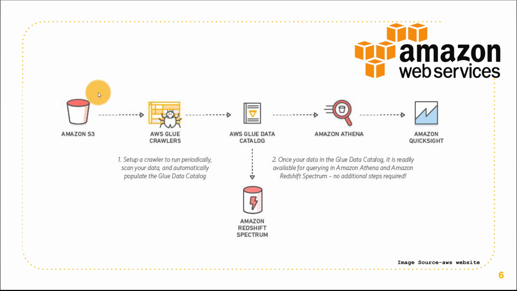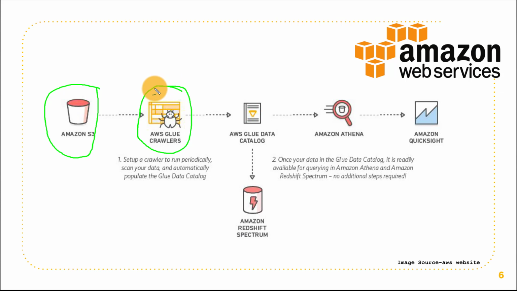This diagram is a classic use case wherein Athena is used. What happens is, you have different sources which put data into S3, and the sources can be Amazon Kinesis Stream or Kafka or any other process working on your local or production environment which is pushing data to S3. Then data is crawled by the AWS Glue crawlers.